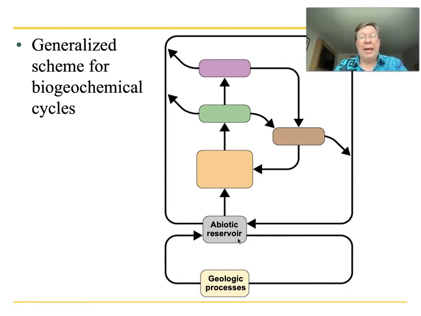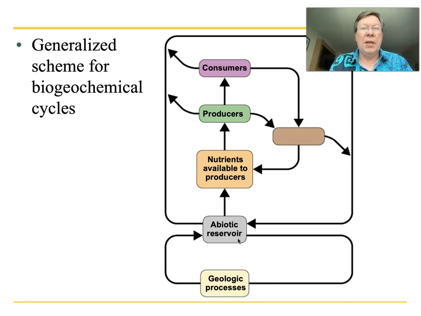So now we add the organisms to it. And the first step is going to be making the nutrients available to producers. Once we make them available to the producers, and these usually are plants or other photosynthetic organisms, then we can take those nutrients up into the producers, and from the producers then of course they go into the consumers.